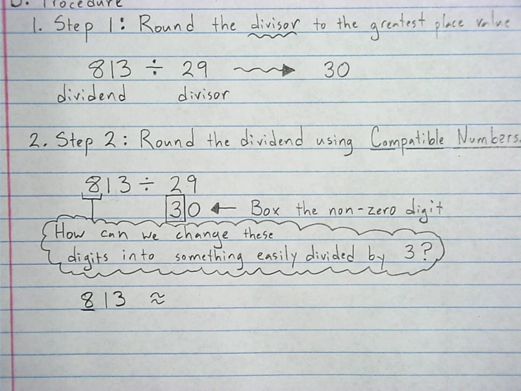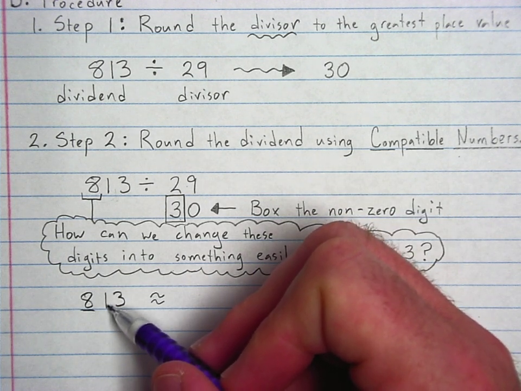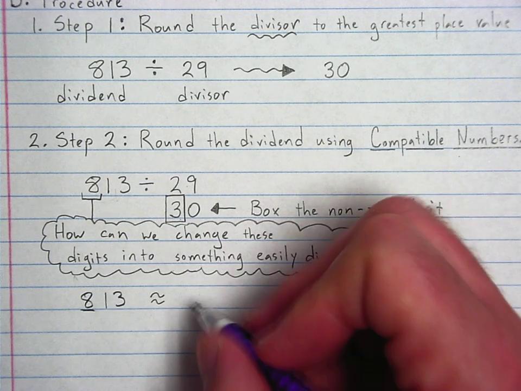I'm going to think about my 3 counting. 3, 6. Oh, 6 is close. 9 is even closer. 6 would have been 2 away. That's not awful. I could work with that. But 9 will be even closer. So, even though this is technically closer to 800, I acknowledge this really normally would round down to 800.